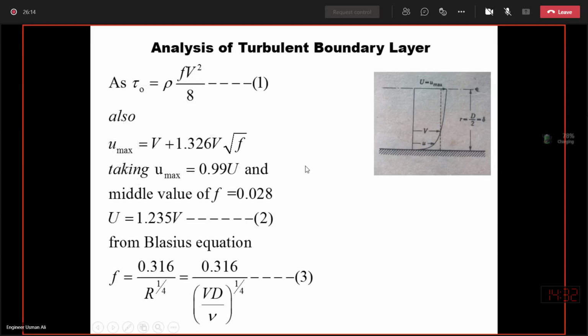What we are saying is that when turbulent flow takes place in a circular pipe, from the boundary of the pipe up to the center line, there will be a boundary layer and a velocity gradient, a velocity profile. So we take this analogy, that the flow through one half of the pipe is similar to the flow over a smooth flat plate.